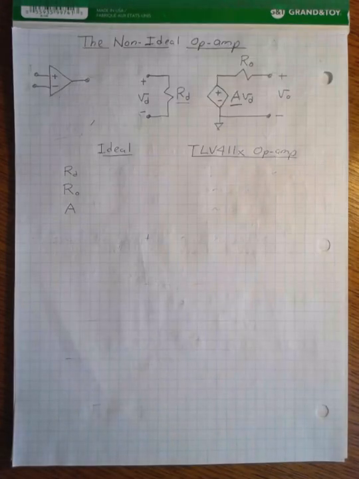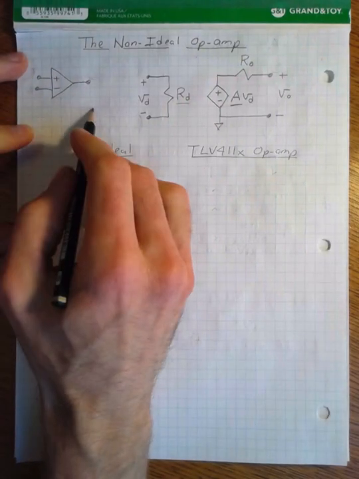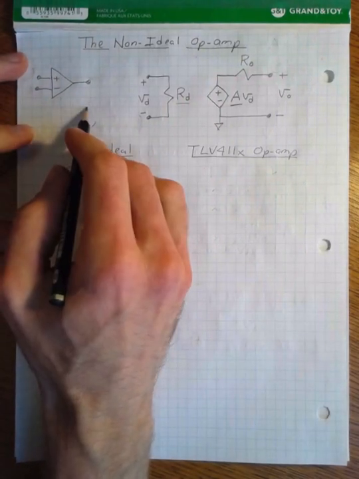Okay, before we look at feedback, I do want to talk a little bit about the model that we assume for a non-ideal op-amp. What I want to do is dive inside that little triangle and see what's inside of it. On the left-hand side, we've got our traditional op-amp symbol.